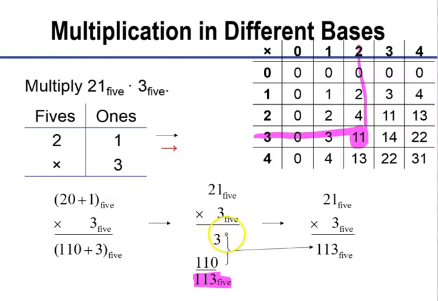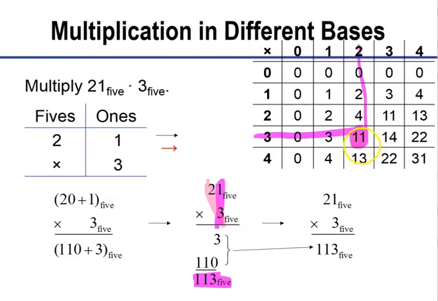Now you could handle it a different way. It's the same idea though. So first we multiply 3 times 1, that's just the units, and that gives us 3. And then we could multiply 3 times 20. Again, 3 times 2 in base 5, we've got marked over here as 1, 1.